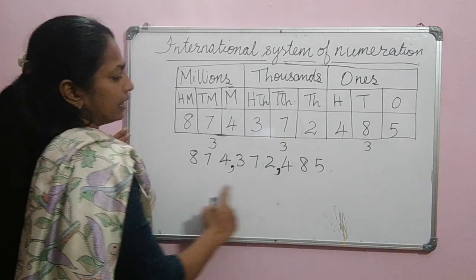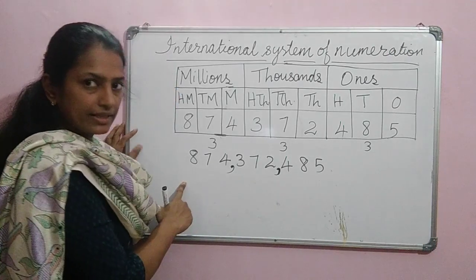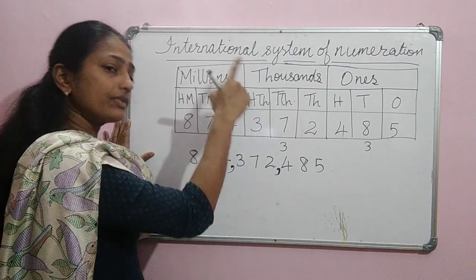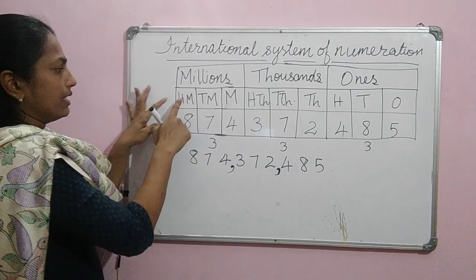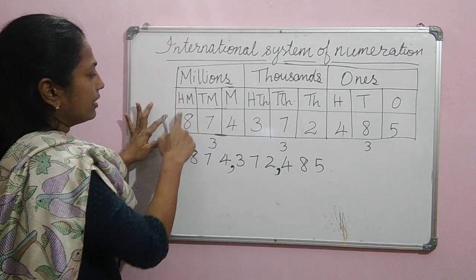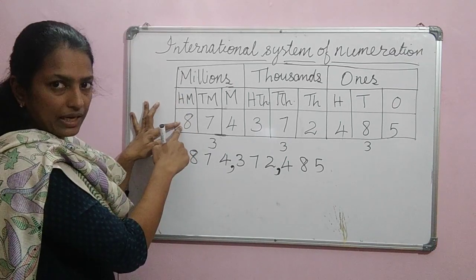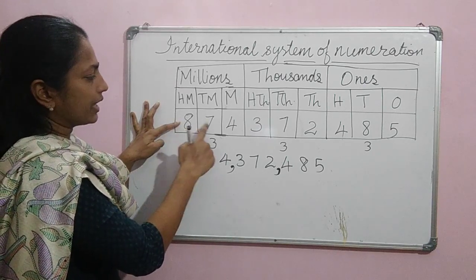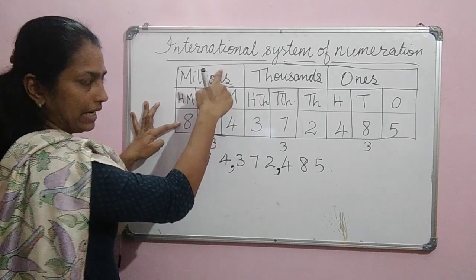And here, let us see how we read this in the international system. According to the groups, we just have to read it. We start reading from the left side. 8 comes in 100 millions place, so we start from here: 874 millions.